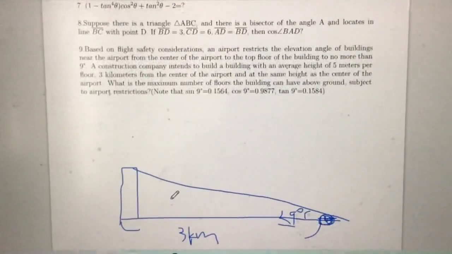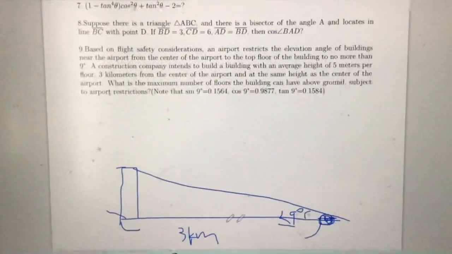So you want to know how many floors he can build for these buildings. Okay, so this is the question. For this question, this is not hard to answer, because we only need to know the length of this one. How tall is the building, right?